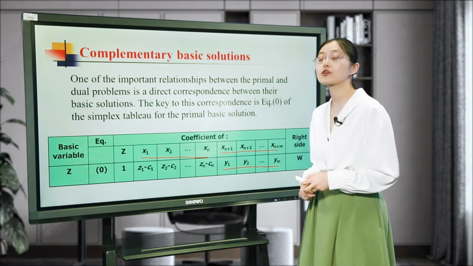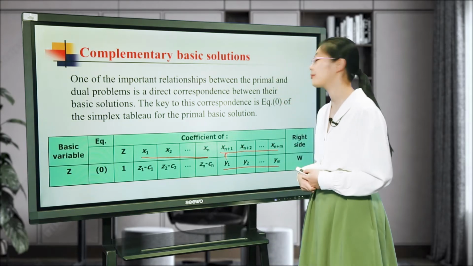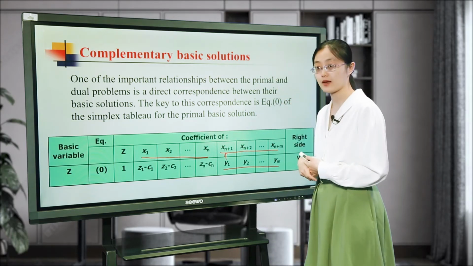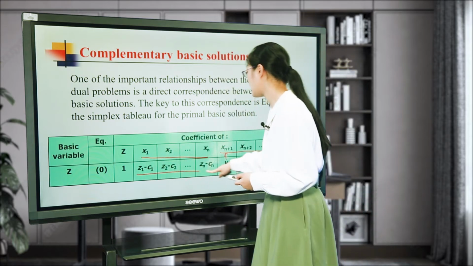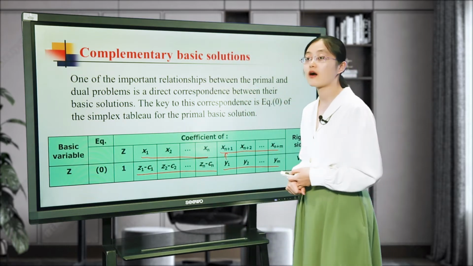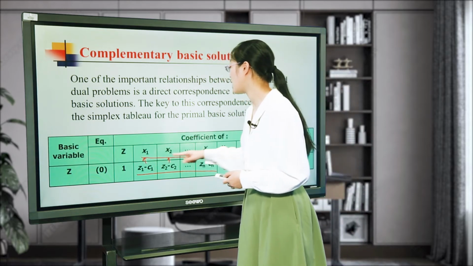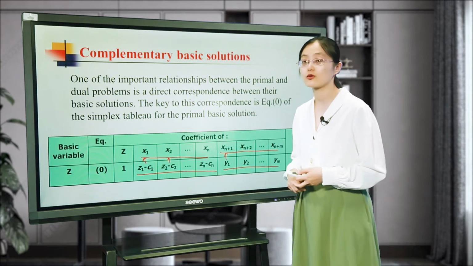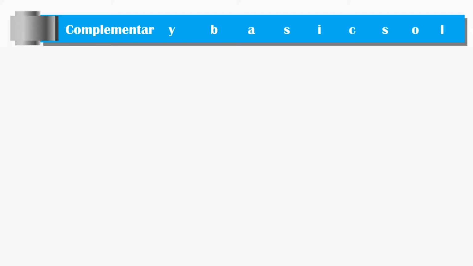They are in correspondence with our slack variables xn plus 1 through xn plus m. The surpluses z1 minus c1 up to zn minus cn are in correspondence with our decision variables x1 through xn. This holds at every iteration of our simplex tableau.